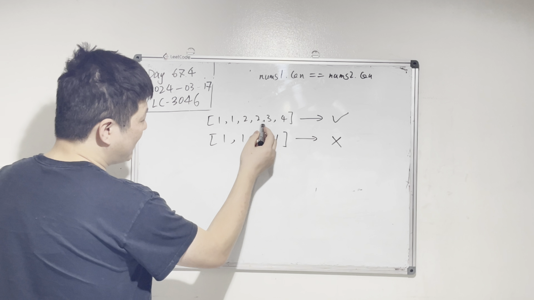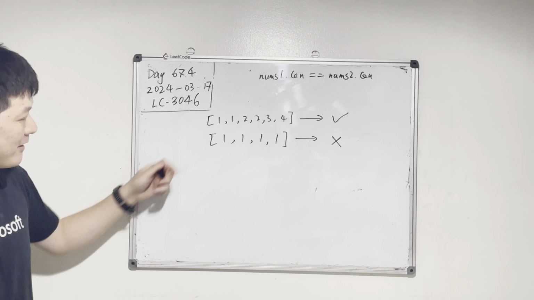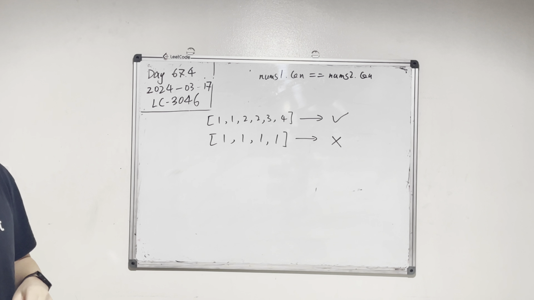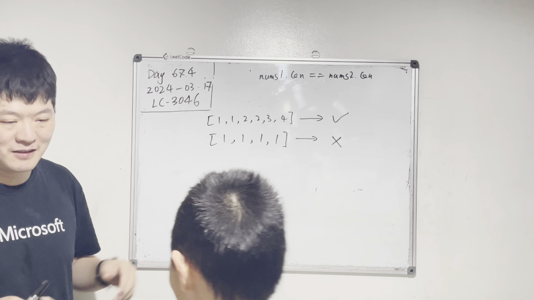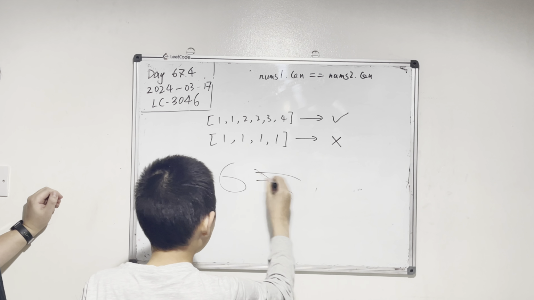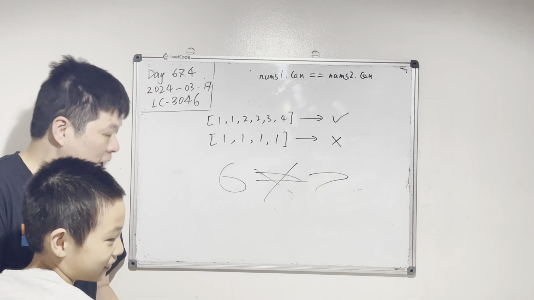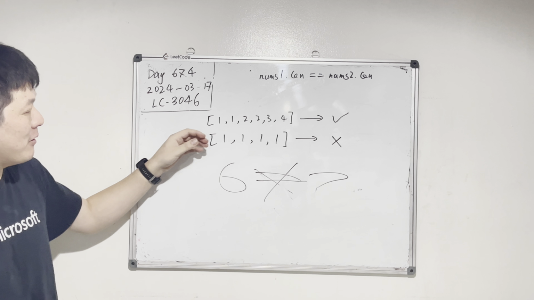But 1, 2, 3 does not equal 1, 2, 4. 6 does not equal 7. We are not summing up. Good point. So we don't worry about the sum. We just worry about that.